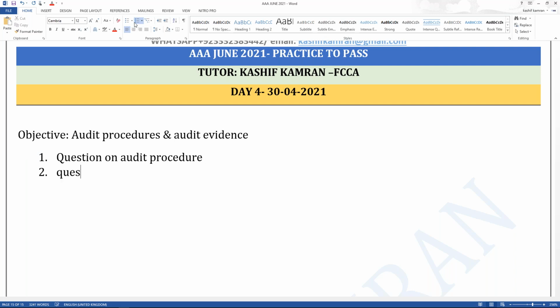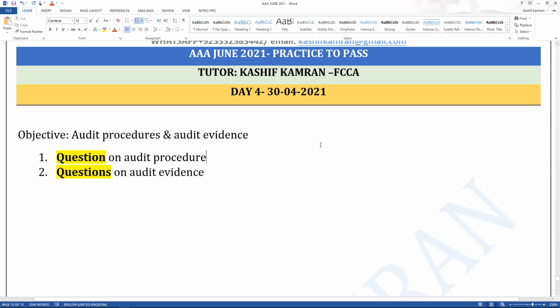Secondly, I need to guide you about a question or questions on audit evidence. It's not just a question on audit evidence, it's questions on audit evidence. So on procedure, you just have a question, that's singular, but on evidence, you have variety. And I want to cover that variety with you, right? So there are questions on audit evidence and there is a question on procedure.